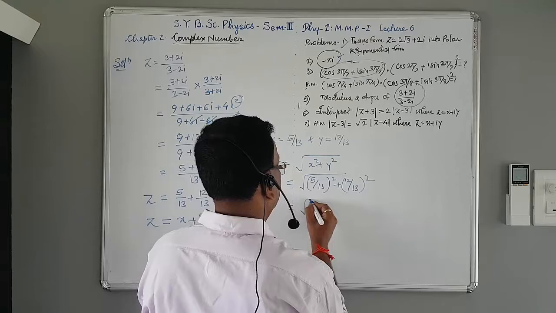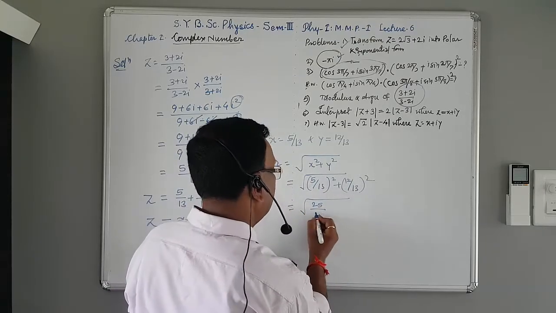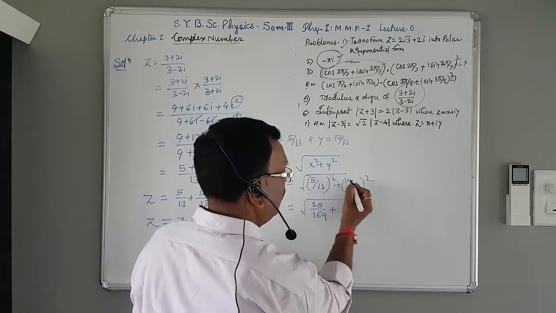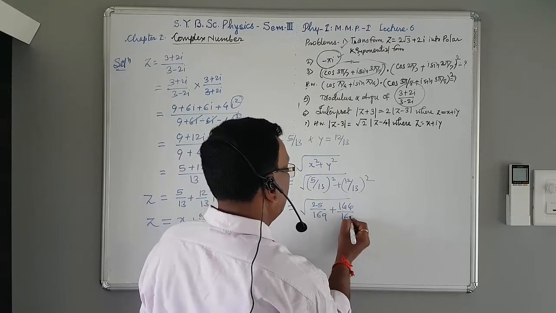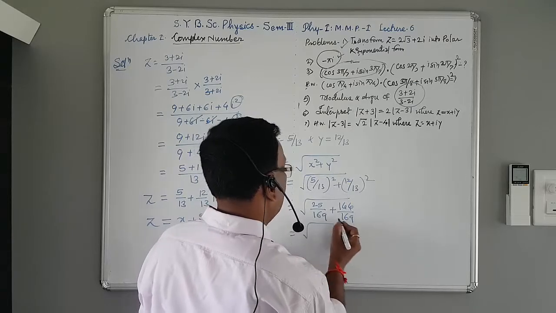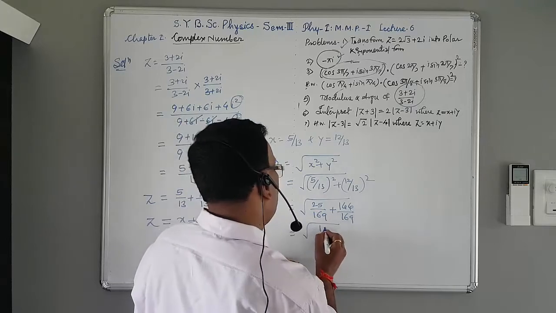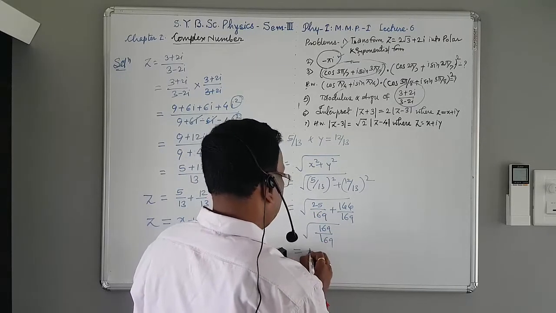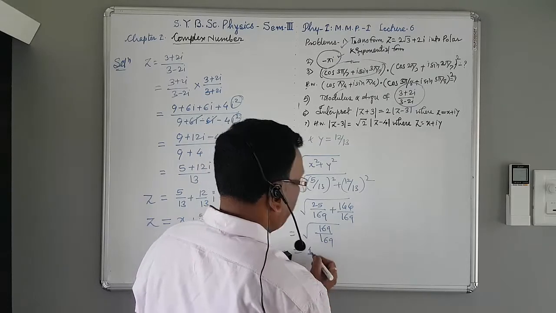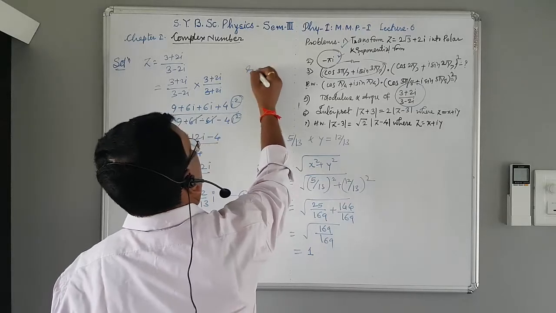So in this term we have square of 5 is 25 upon square of 13 is 169, plus square of 12 is 144 upon square of 13, 169. So we get 25 plus 144, which is 169, divided by 169, and solving this term we have 1, that is, the modulus r is equal to 1.